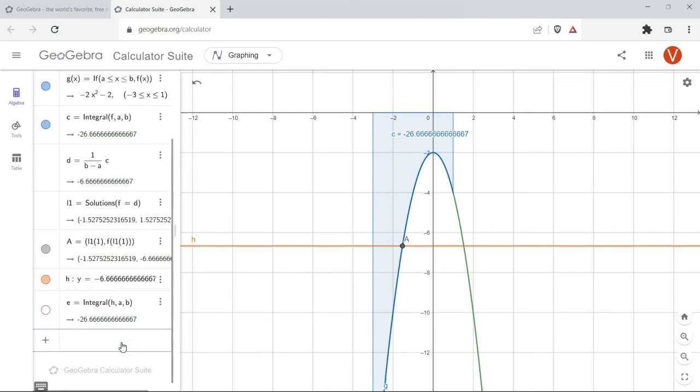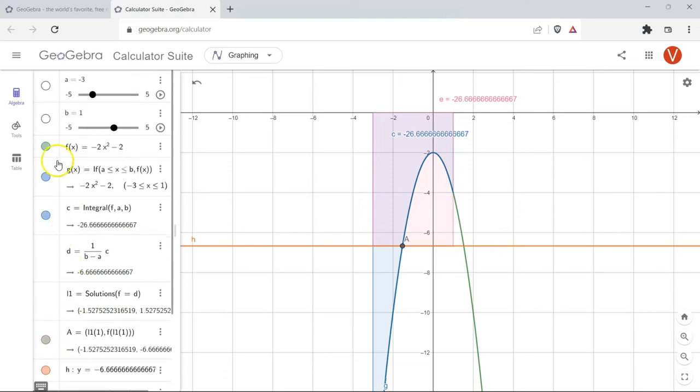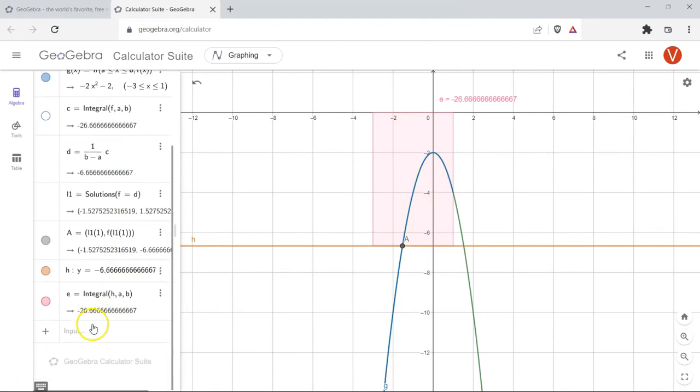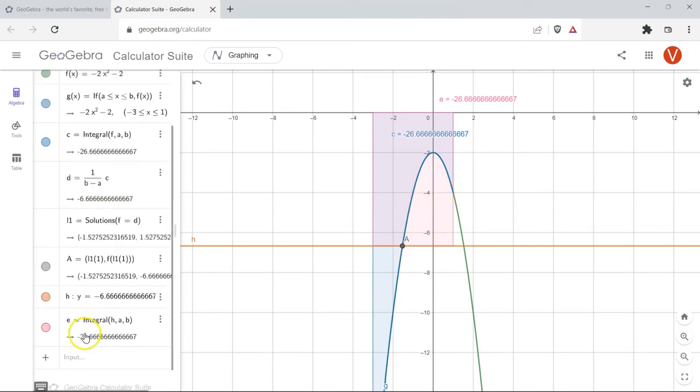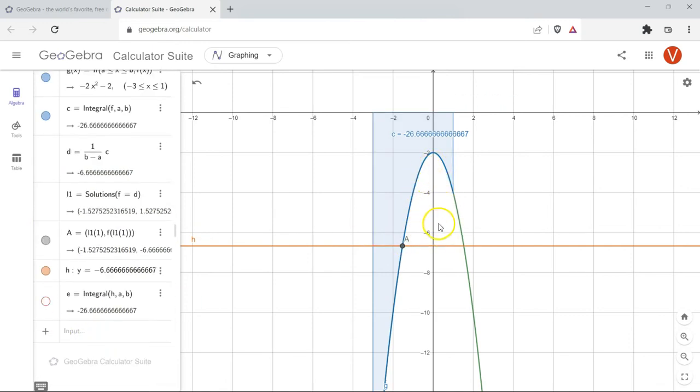So let's make it visible and let's hide this function. You see this rectangle has the same area as the area under the curve. In other words, this part of the area is going to be equal to this part of the area because the total areas are the same.